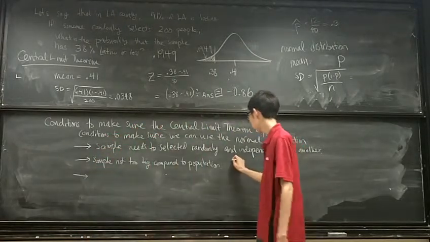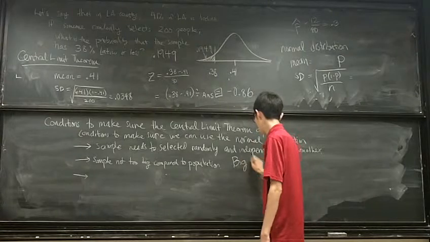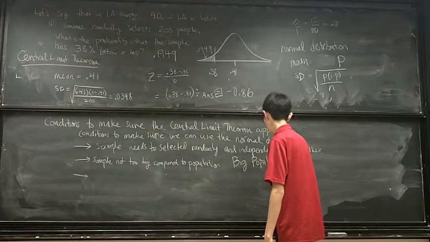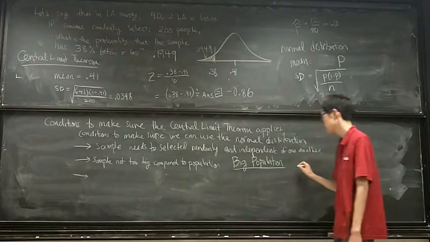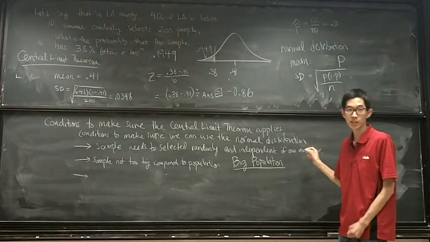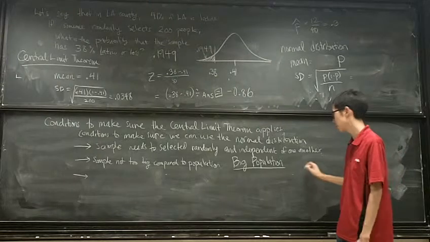This condition is called the big population condition, meaning the population has to be at least 10 times bigger than the sample.